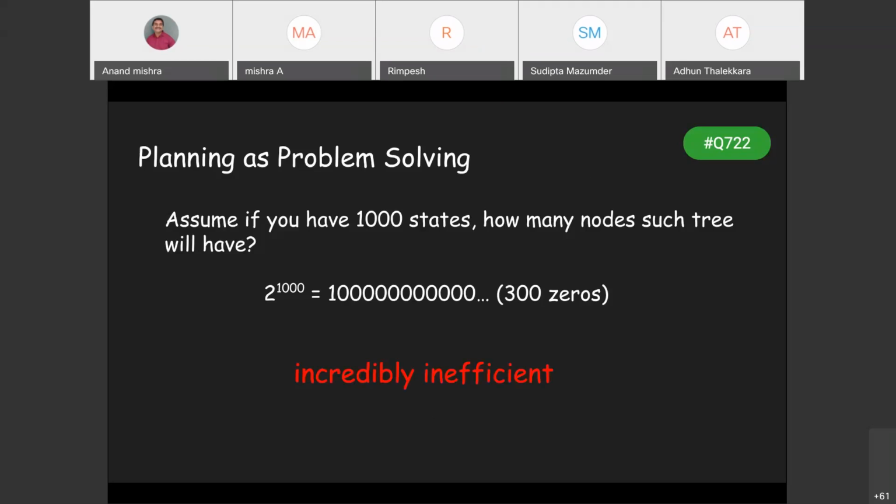Searching transitions in such a space is an incredibly inefficient technique. We should avoid it.